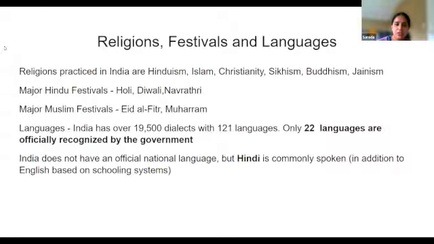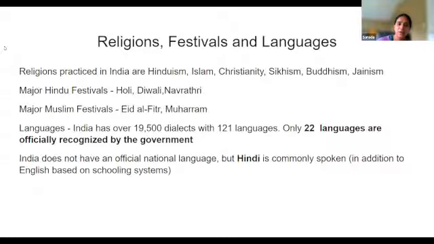So, in our art education programs, we have special themes that go with these festivals. We talk about the significance of them, and we talk about how we celebrate them, as part of our programs. We have the major Muslim festivals, which are Eid al-Fitr and Muharram.